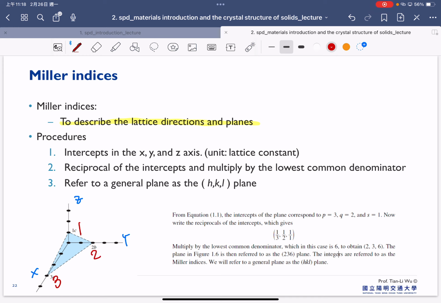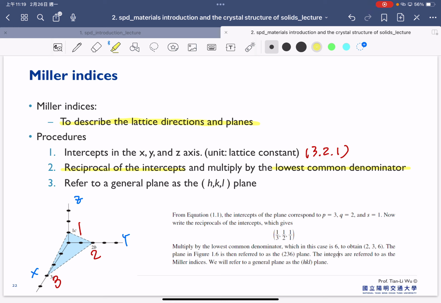So the first step is to calculate the intercepts on the x, y, and z axes, which are 3, 2, 1. Now we take the reciprocal of the intercepts and multiply by the lowest common denominator.